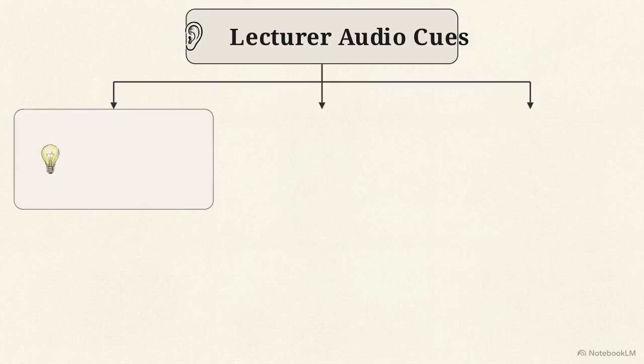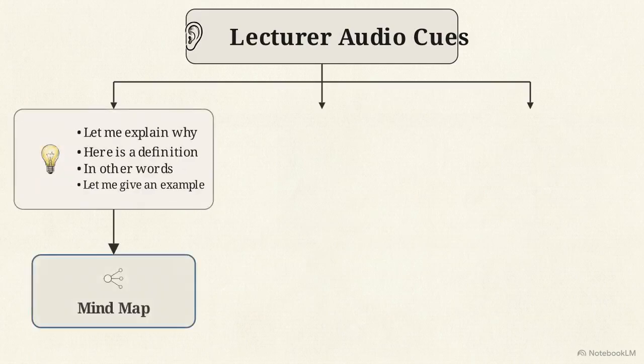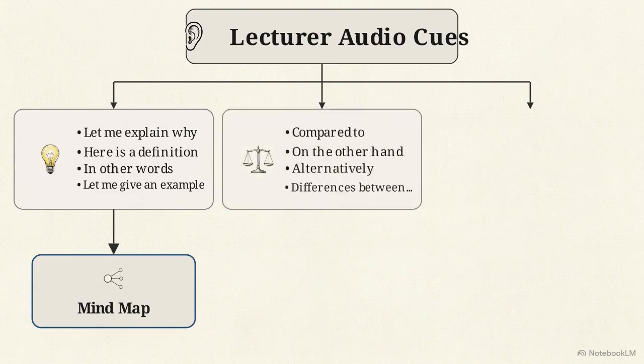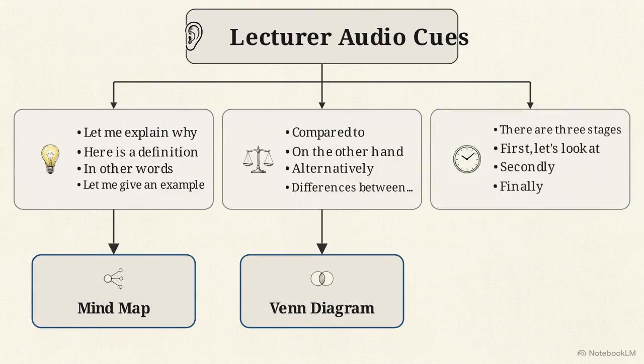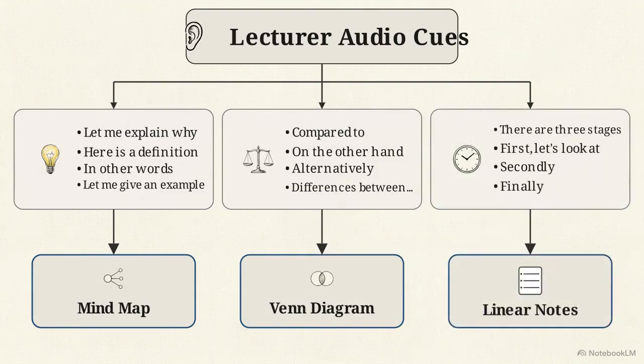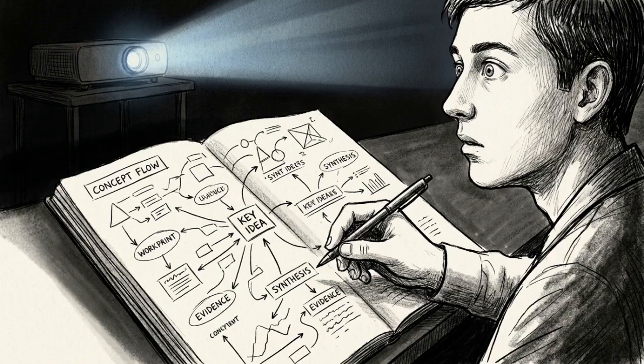If you hear cues like, "Let me explain why," or "Here is a definition," branch to a mind map format. When the lecturer says "compared to," or "on the other hand," shift into a Venn diagram. And if you hear phrases like "there are 3 stages," or "first let's look at," return to linear notes.